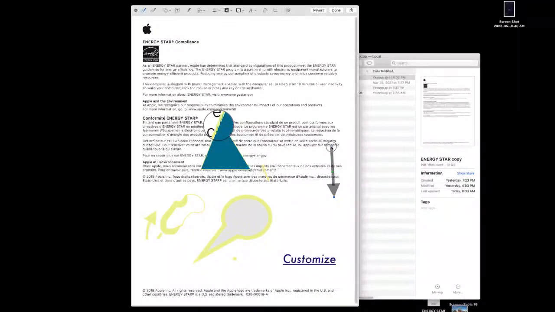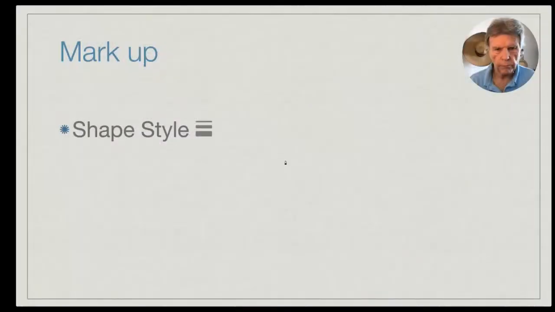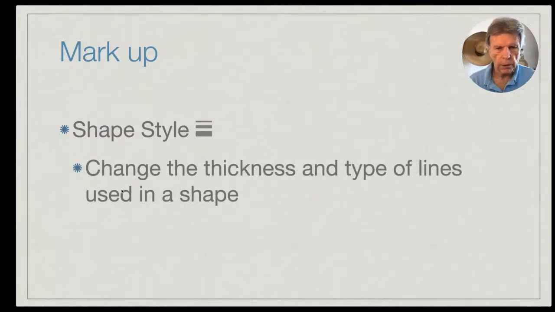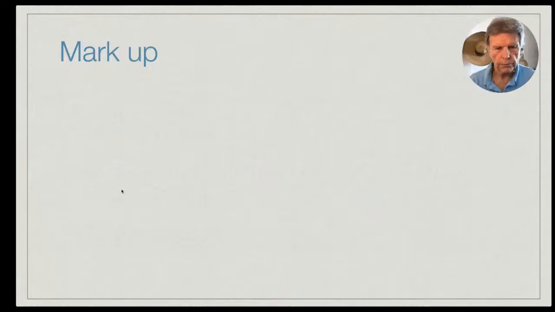So we can rotate the arrow from either end, and then there's a green dot here or handle in the middle, and we can change the shape of the arrow that way. So gives you lots of flexibility. Okay, so again, you can change the thickness and the type, and you can add a shadow.